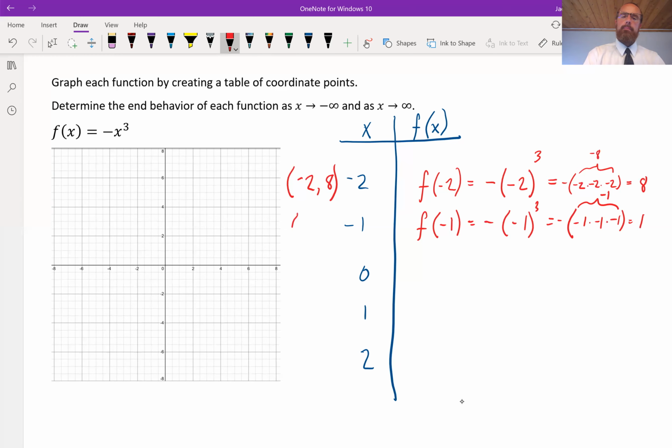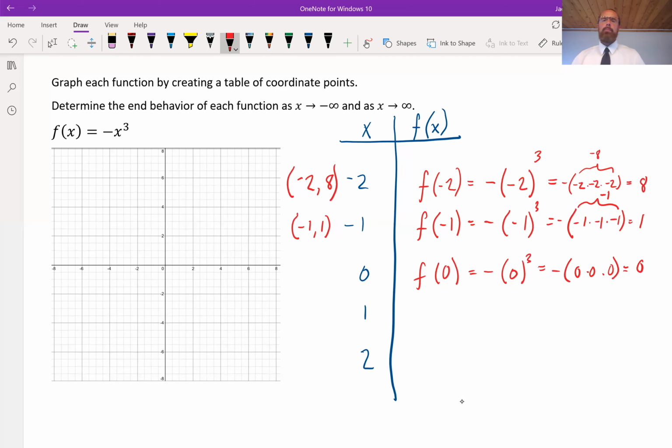So we've got a second point, -1, +1. F at 0 is -0 cubed, which is -0 times 0 times 0 within the parentheses. We don't have to do a lot of calculation there because one of those zeros multiplying would be enough to make the whole product 0. So we've got the origin.